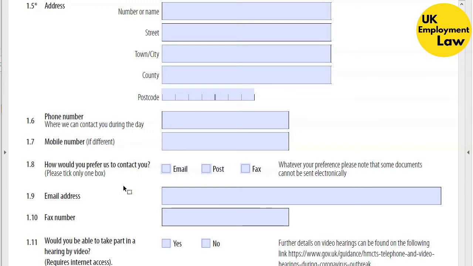If you have an email address, tick that box, as this is generally also more confidential compared to post. However, please note that it will not always be possible to send you documents via email. For example, if there are a large number of documents, they will be posted to you.